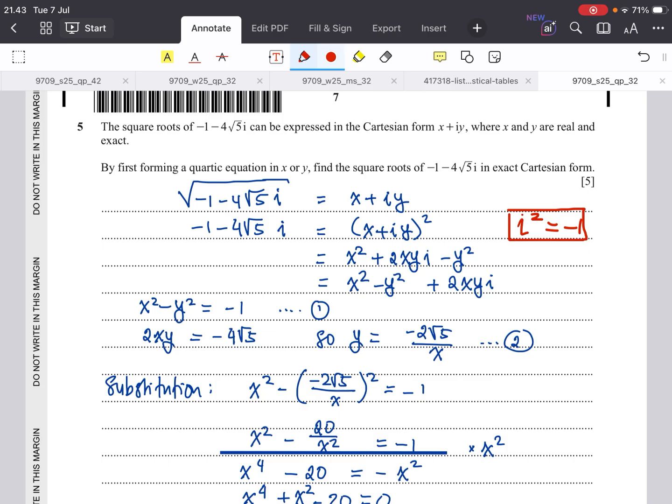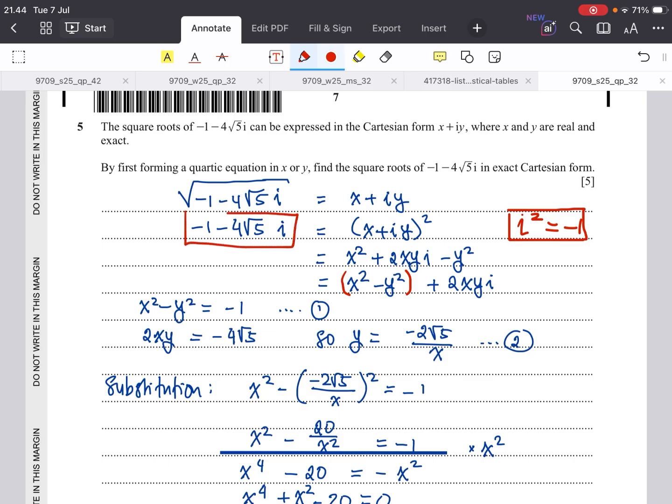And we group the real part with the real part, and we separate the real part from the imaginary part. So now we have two equations.